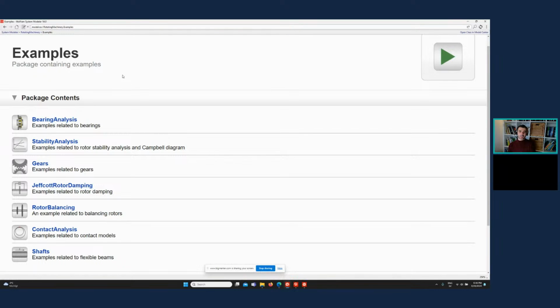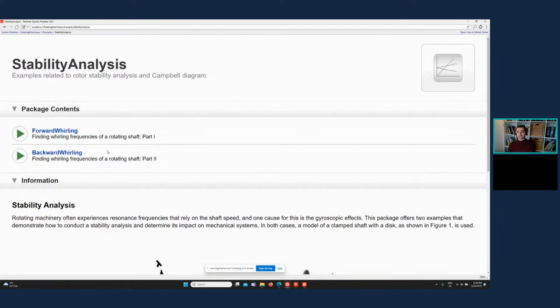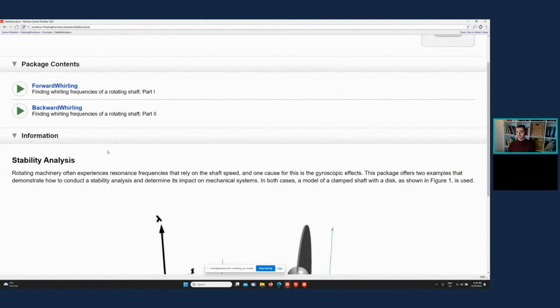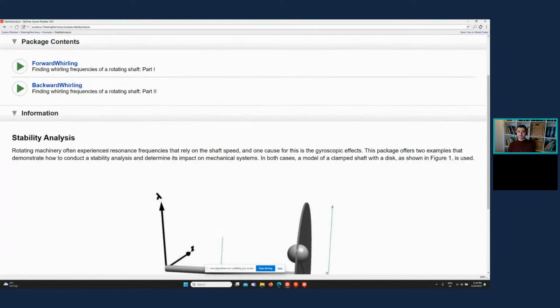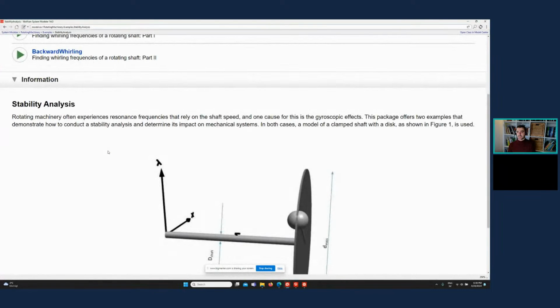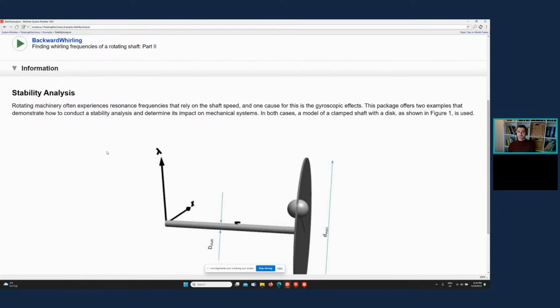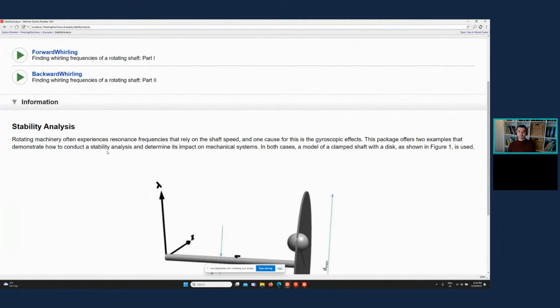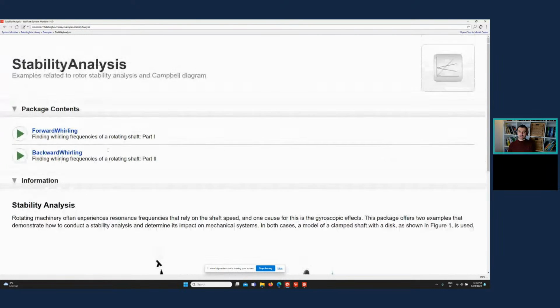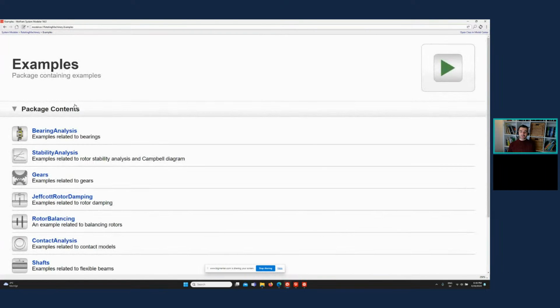Other than that, we have stability analysis, in which you can do, some of you might have heard of it, the Campbell diagram, which is about the stability of the rotating shafts and checking the forward whirling and backward whirling. These are pretty useful analyses when you are running a machinery and then change your mind for some reason and decide to run the machinery at a different speed.